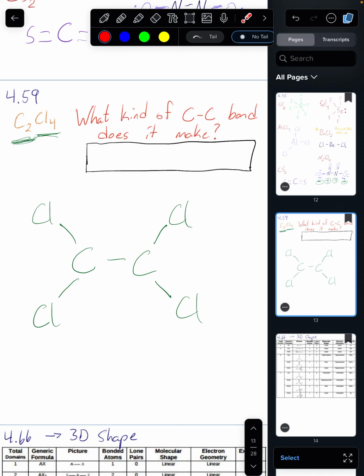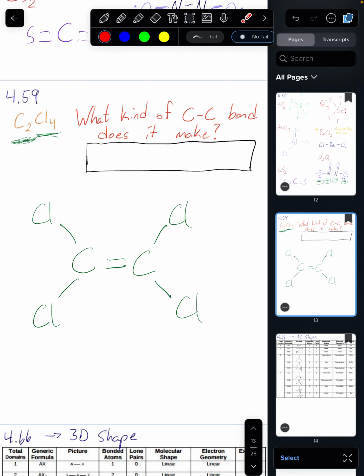Now, as you can see, these ones only have 3 connections. So, another way to do it is you get that double bond right here. So now each carbon has its 4. The chlorine has its 3 sets of lone pairs, so that's 6.